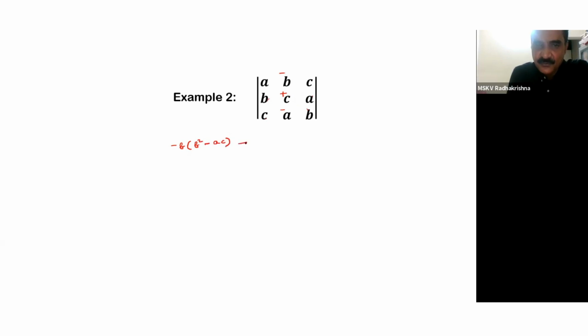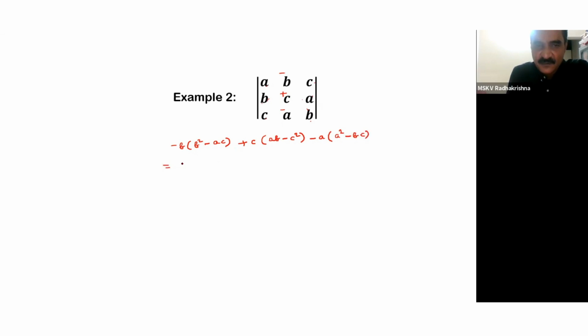Next plus C into the subdeterminant, A into B minus C into C, AB minus C square. Next, for the third element, minus sign, minus A into the subdeterminant A into A square minus B into C, BC, A square minus BC.